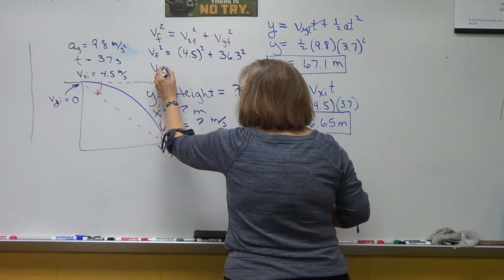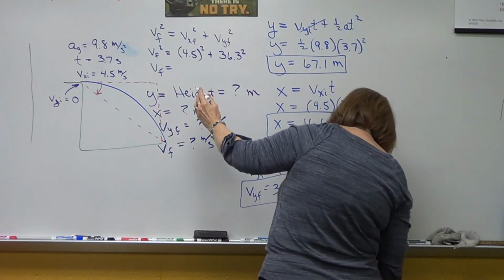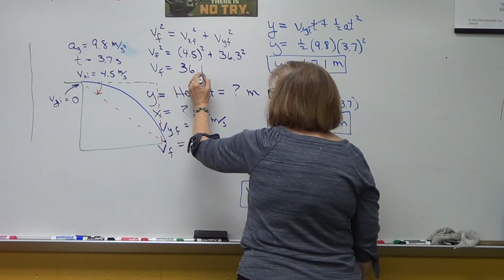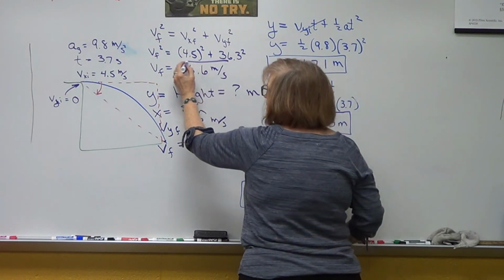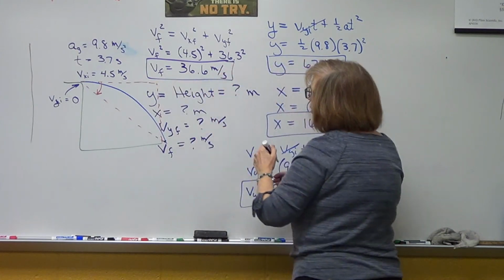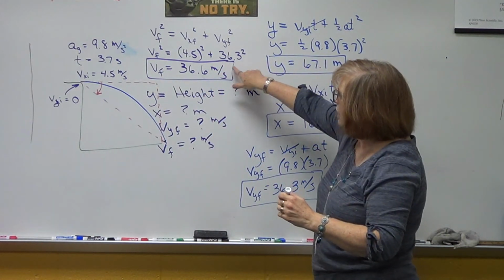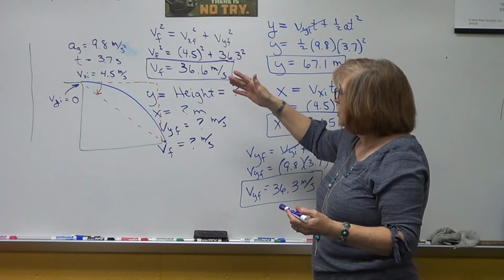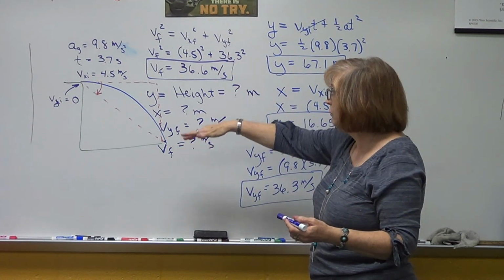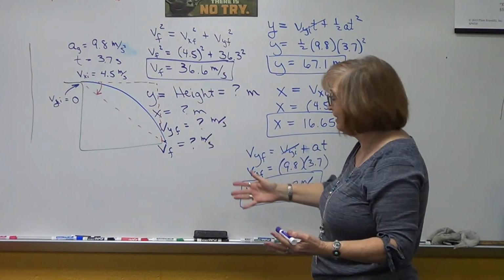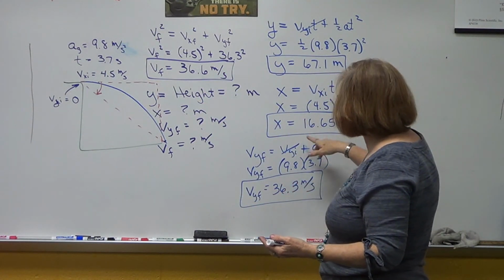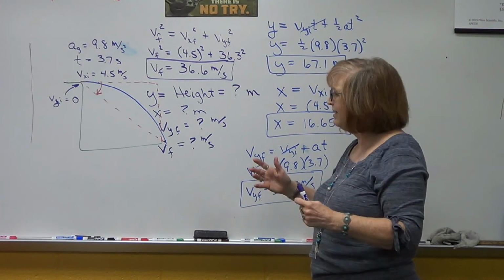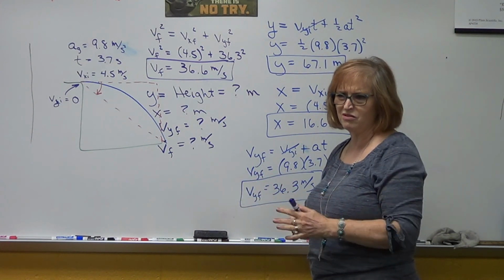The final answer for this one, just the magnitude of the velocity, is 36.6 meters per second. You notice that it's not very much larger than our 36.3, but 4.5 is not a big value. And of course, this is a very tall cliff to be standing on, and because you notice it's 16.65 meters, it's a logical answer. I know it seems a little strange.